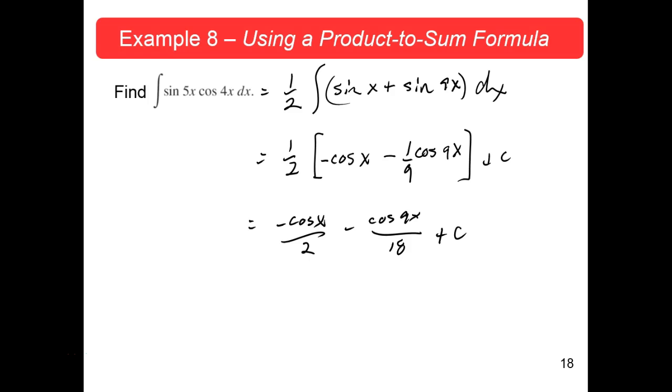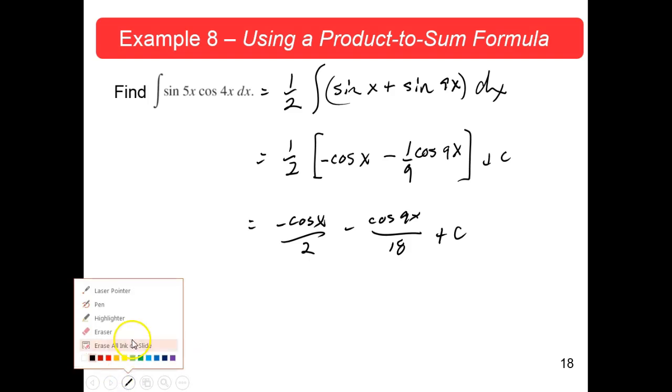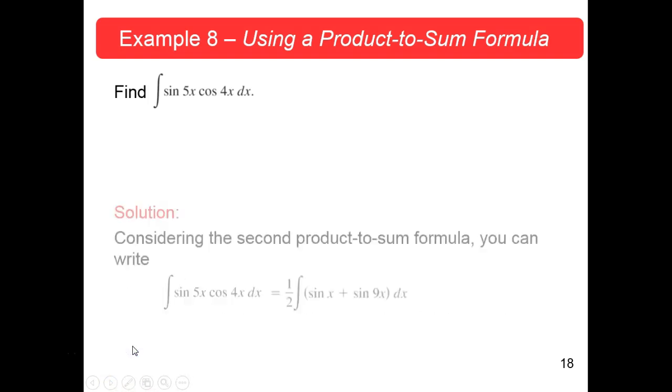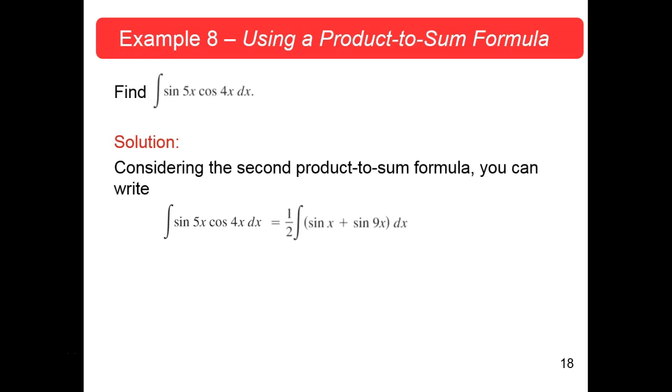Now that was my scratch. I think theirs is going to follow it almost exactly. Let's see. Consider writing the second product to sum formula. That's what we did. You can then have the first one be 1/2, pull it outside, and they skip steps like, well, we did too, I guess.